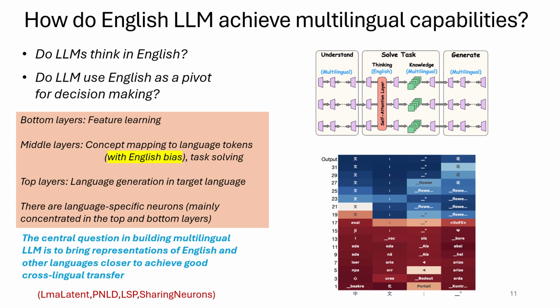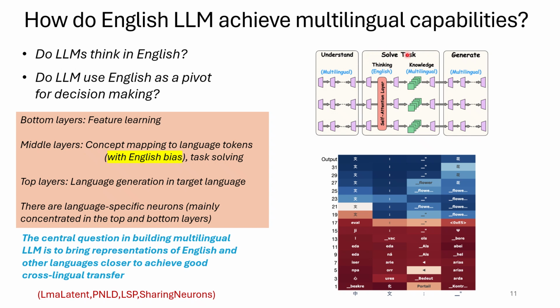So there are a few studies which arrive at this broad consensus that, if you look at the diagram on the right, the lower layers of the model do understanding, and there are language specific components here, but as you move up these layers, some sort of language agnostic representation is learned. These layers essentially deal with language specific concepts and move towards language agnostic concepts.